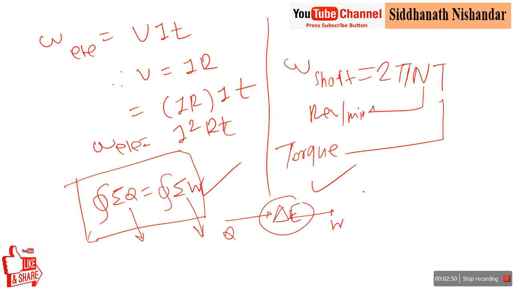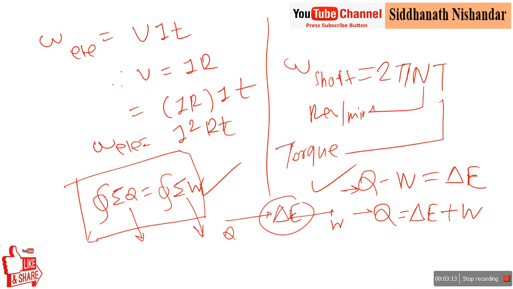For this system the formula becomes Q minus W is equal to the change in internal energy. We can also remember it in the positive form: the energy we supply to the system first increases its internal energy, and then we can get W. We can remember it either in this minus form or in this plus form. These are the fundamental formulas we need while applying the first law of thermodynamics.